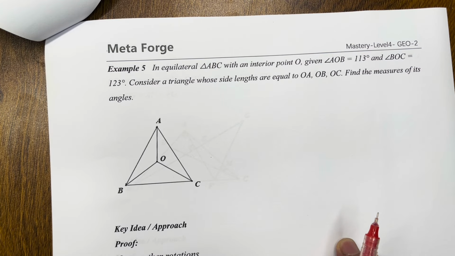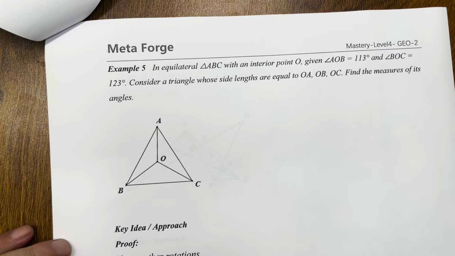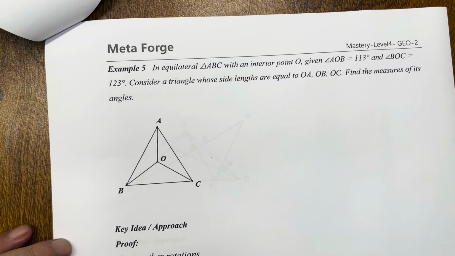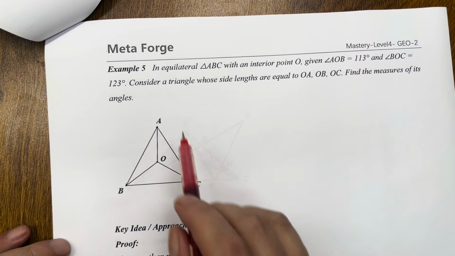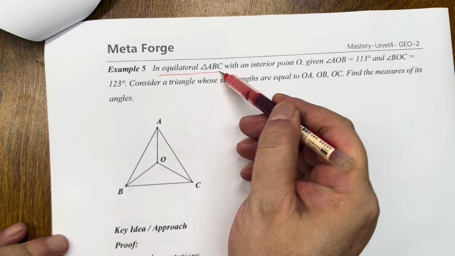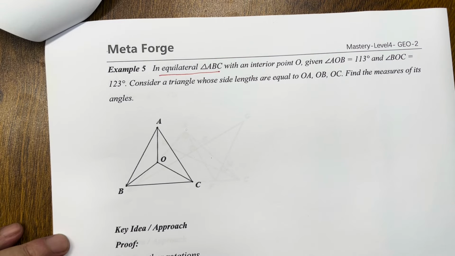Next example is the classical model of rotation, because it happens in a regular triangle ABC, equilateral ABC.